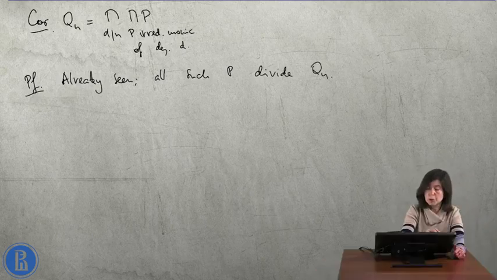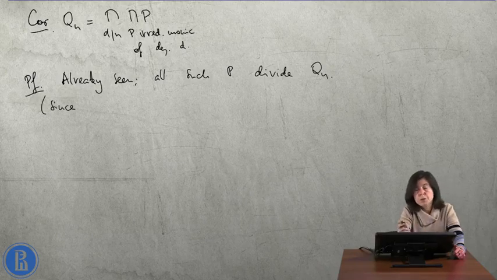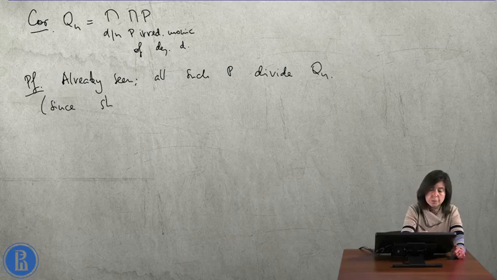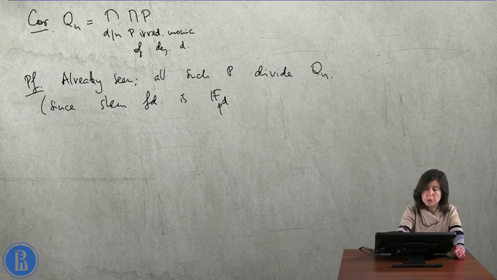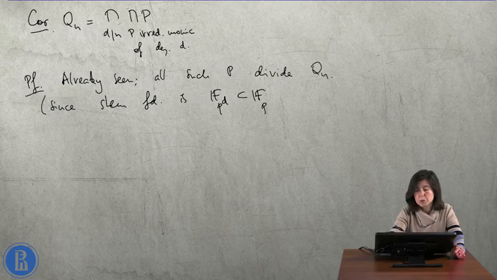since the stem field is F_{p^d}, and this is contained in F_{p^n}, so q_n of alpha is 0 if alpha is a root.